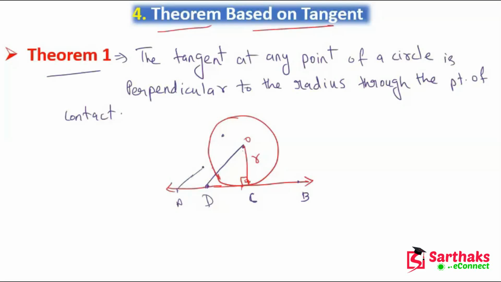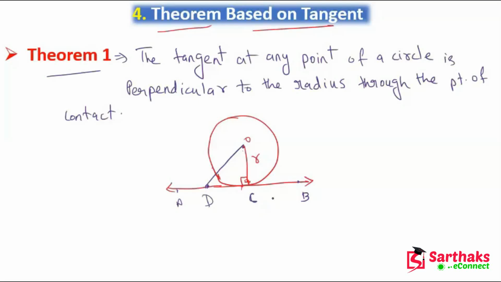Then AB is like this, and this is not a tangent, this is a straight line. So that's why we are taking D outside of the circle. So point D should lie outside the circle.